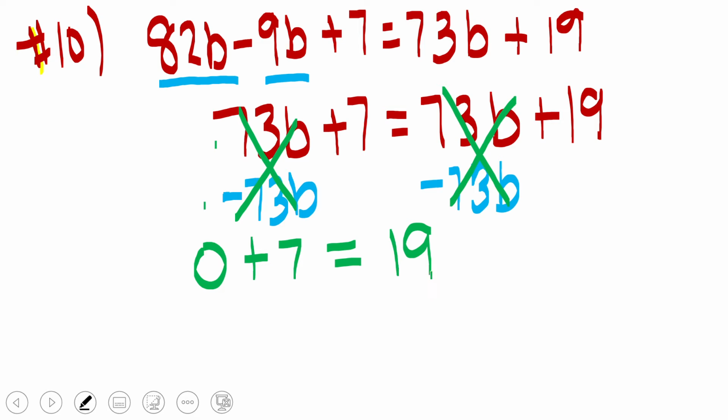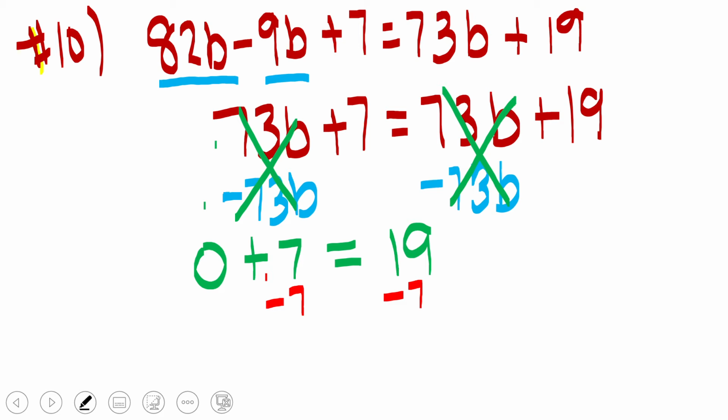Continuing to work, we see that we need to move 7 across the equal sign to combine like terms. Let's do that. It's a positive 7. We're going to subtract 7 from both sides. Whatever operation you do on one side, do on the other to keep equivalency, like we've been talking about.